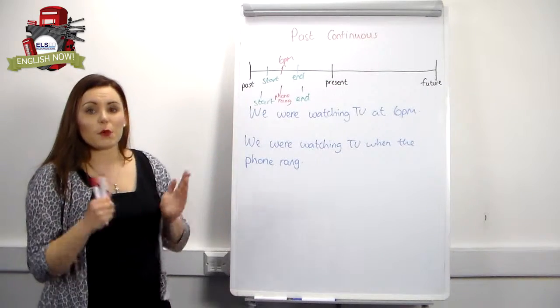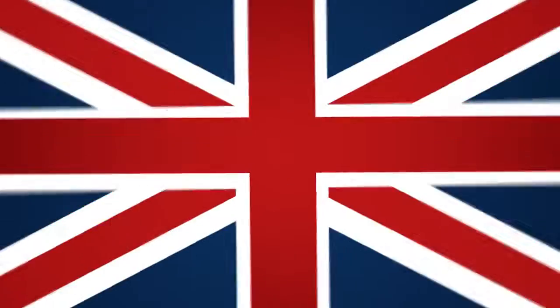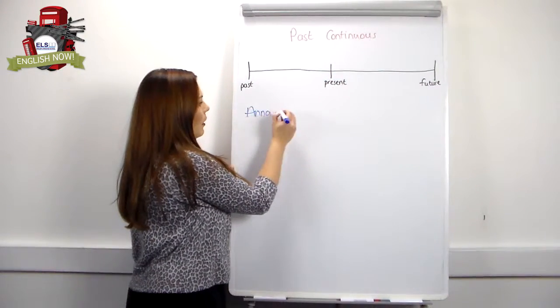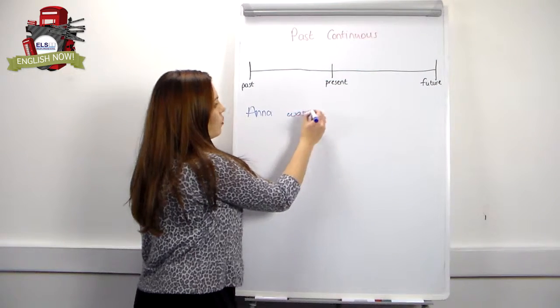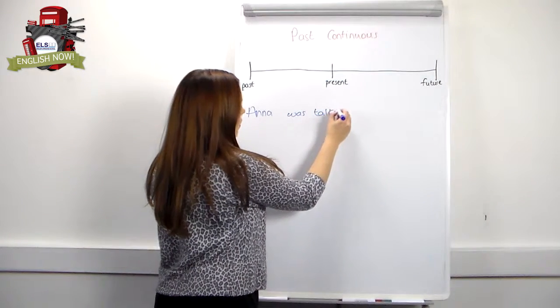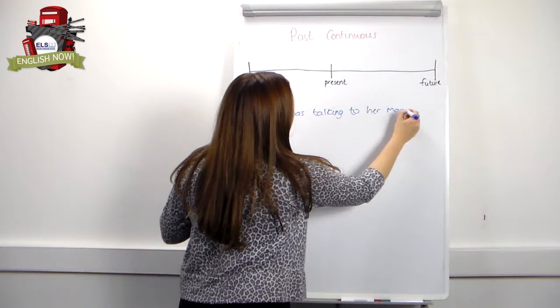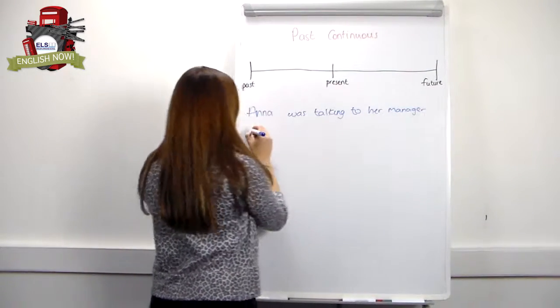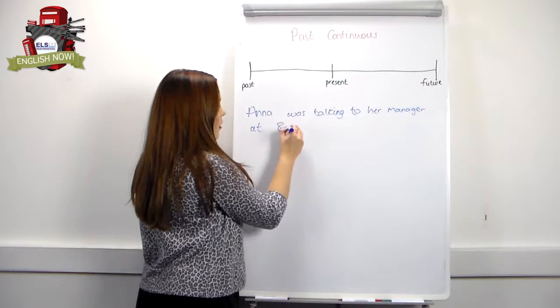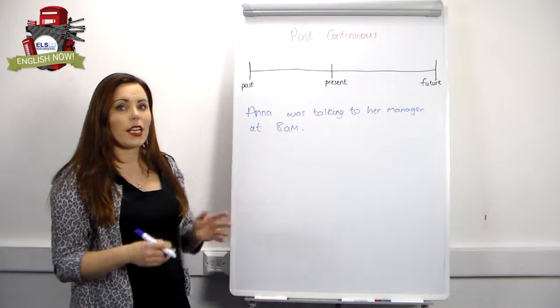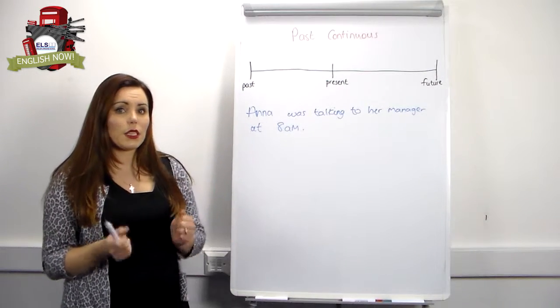Let's have a look at some statements. Here's our example. Anna was talking to her manager at 8 a.m. The sentence structure is very similar to the present continuous.